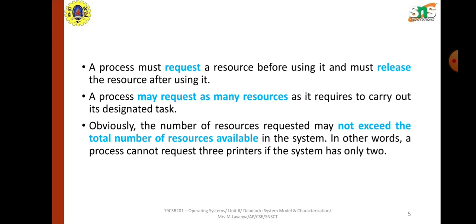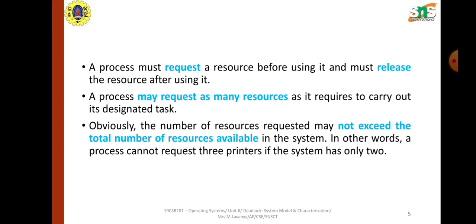A real-time example is the usage of printers. If a system is connected with only 2 printers, it can't access a third printer because the third printer is not available on that system, right? The available number of printers is itself 2, so how can it access a third printer?